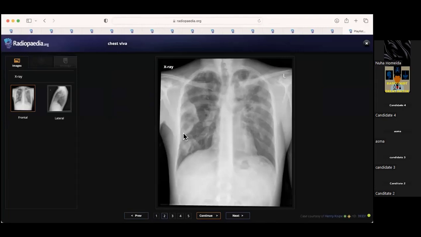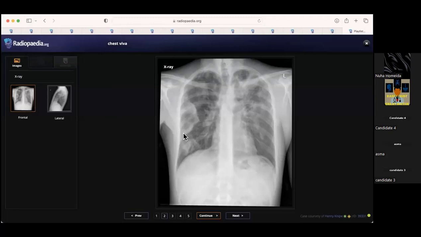The main abnormality, I can see that there is a soft tissue mass lesion seen in the lateral aspect of the right lung at the mid zone. This mass lesion shows an obtuse angle with the chest wall, and most likely it is pleural in origin.